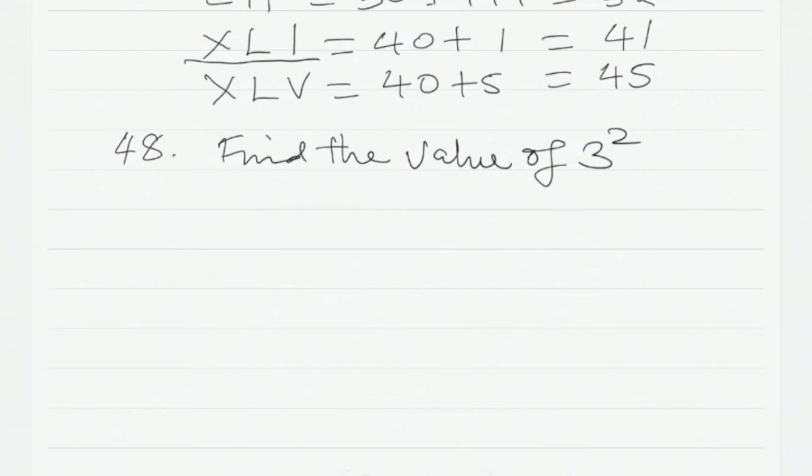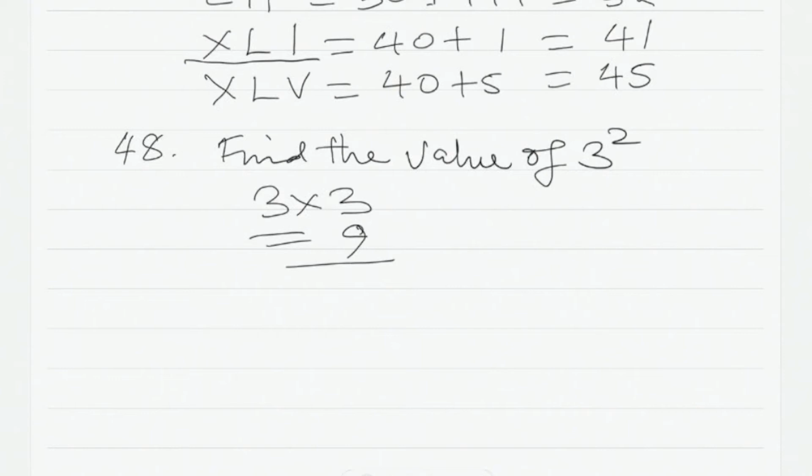Question 48. Find the value of 3 to the power 2. Remember that 8 times 8 times 8 times 8 was put to be written in an index form. So it has been repeated again.